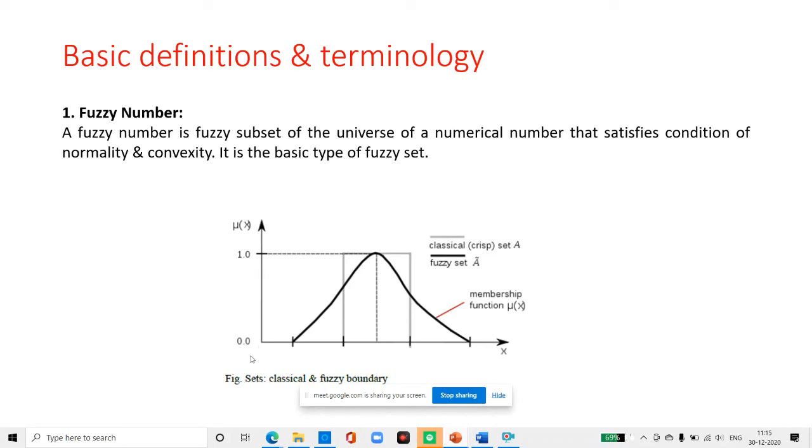So in this diagram, the figure shows the set for classical and fuzzy boundary. Here mu of x is a membership value and x is a set.